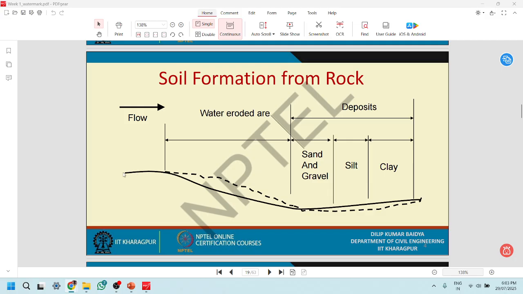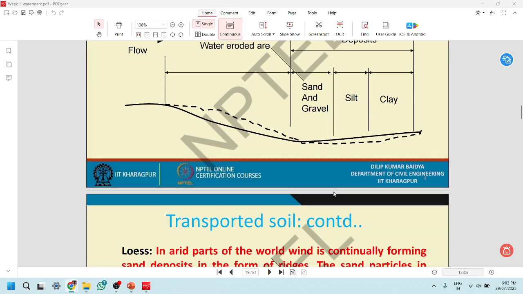After disintegration of a rock into soil, it can be transported through water. If it's transported through water, it will be called alluvial deposit. If it's transported through air, it will be called aeolian deposit. If it's transported under gravity, I believe it's called colluvial deposit. And if by air, water, gravity, etc. Okay.